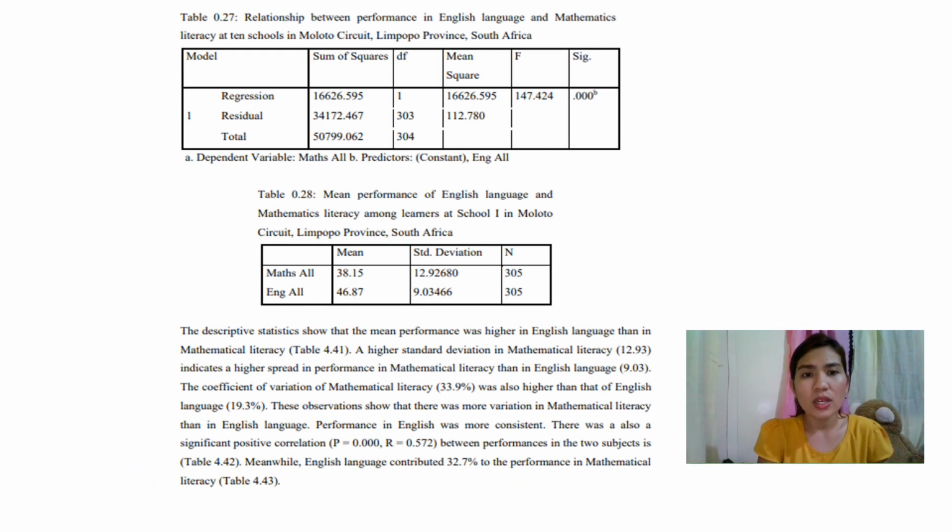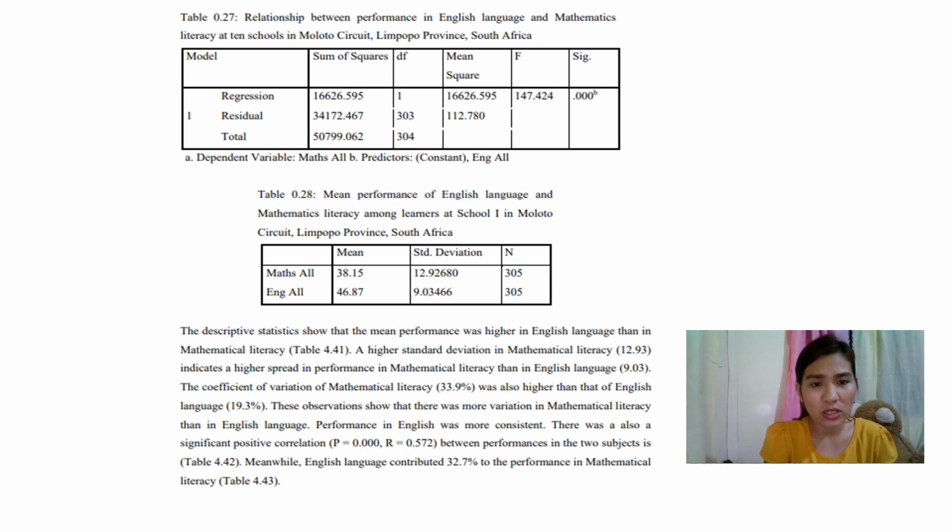So here's Table 4.28: Mean performance of English language and mathematics literacy among learners at School I in Muluto Circuit, Limpopo Province, South Africa. The descriptive statistics show that the mean performance was higher in English language than in mathematical literacy, as shown in Table 4.41. A higher standard deviation in mathematical literacy with 12.93 indicates a higher spread in performance in mathematical literacy than in English language with 9.03.